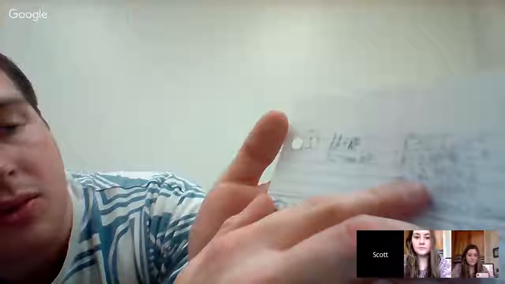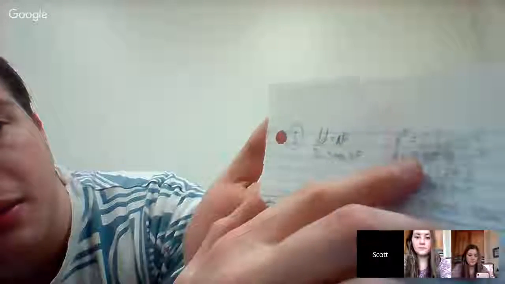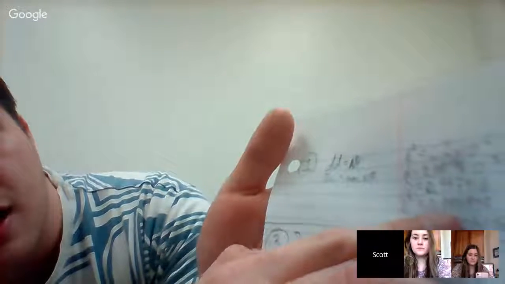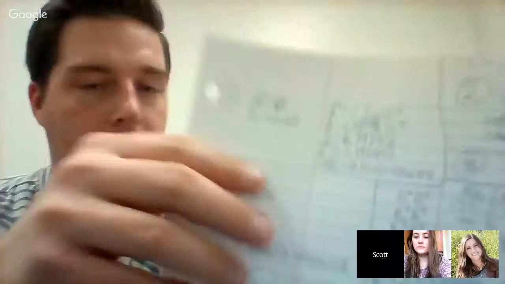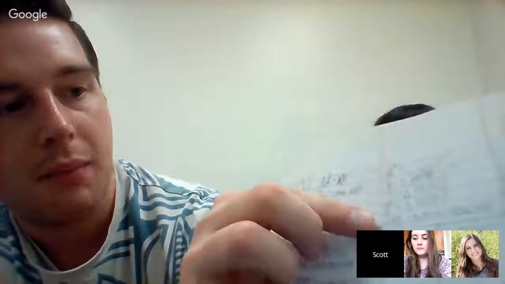Then I took 1 and subtracted this number, and I got the dominant allele, and I square rooted that and got the dominant squared allele. From there, I was able to calculate everything else: the frequency of the small d allele, the frequency of the big D allele, and the frequency of both of them together, the heterozygous.